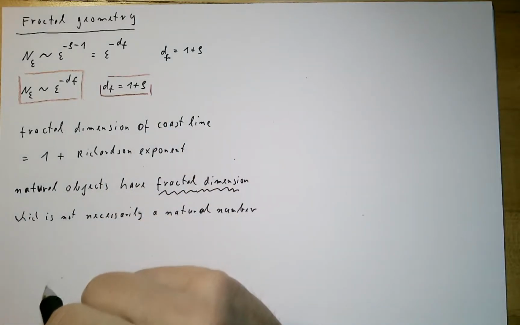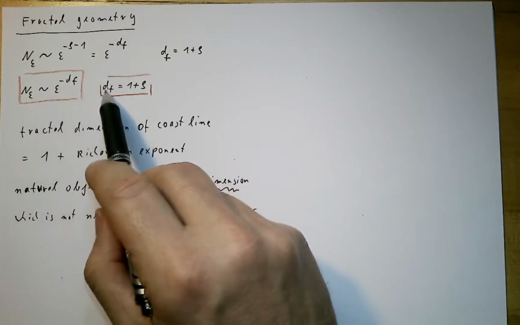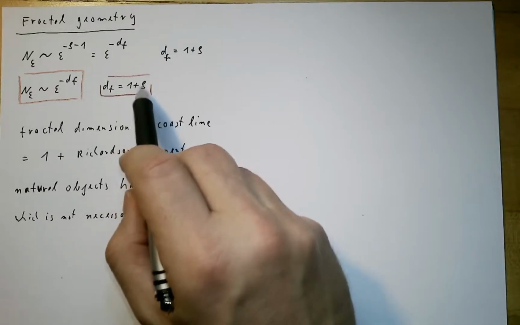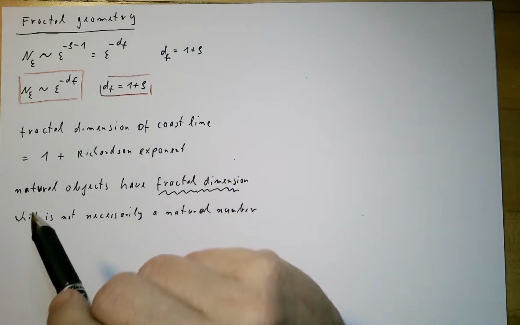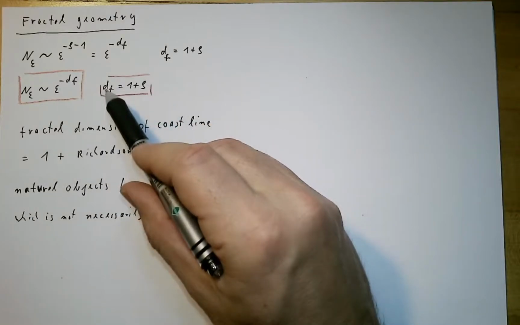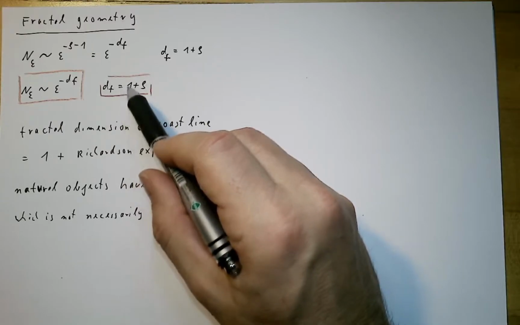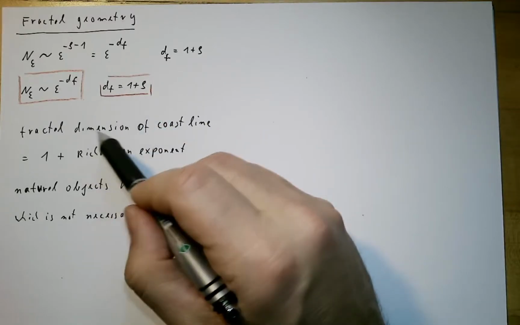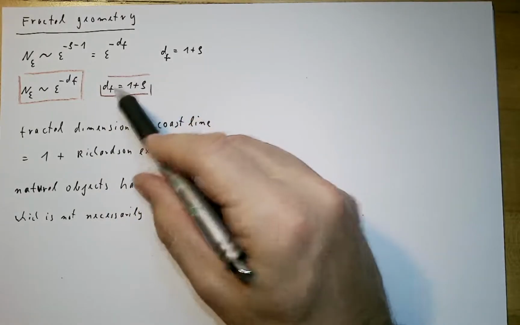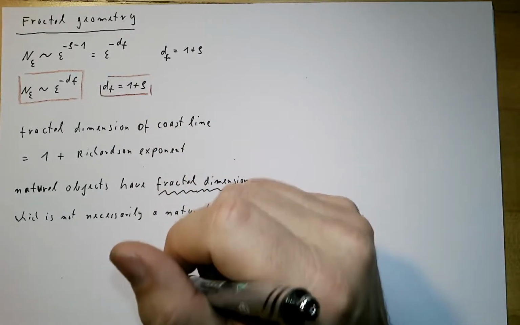And always the dimension that we achieve is the dimension of a natural number plus the rest. If we have an object of normal geometry, the rest is 0, so the fractal dimension equals the normal dimension we associate to an object. But if we have a rough line, then the fractal dimension is a real number.